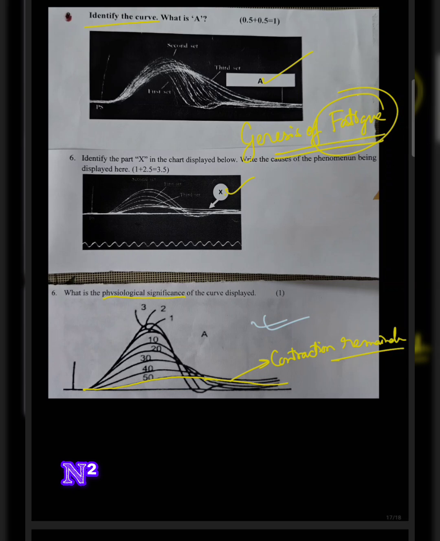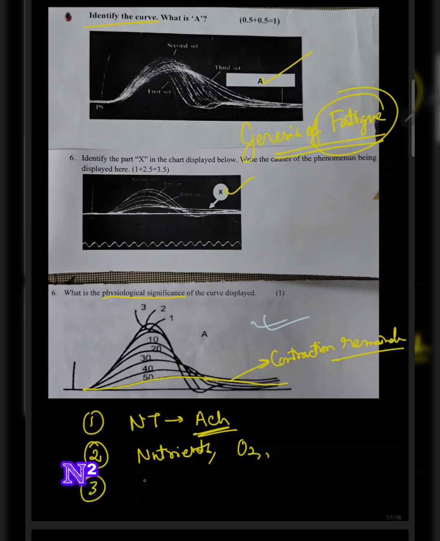So the physiological significance of this experiment is that fatigue is achieved because of the depletion of the factors which are needed to show the simple muscle twitch. Now for a simple muscle twitch, what has to be there? First criterion is there should be the neurotransmitter, in this case acetylcholine. The second factor is it also needs nutrients and oxygen.